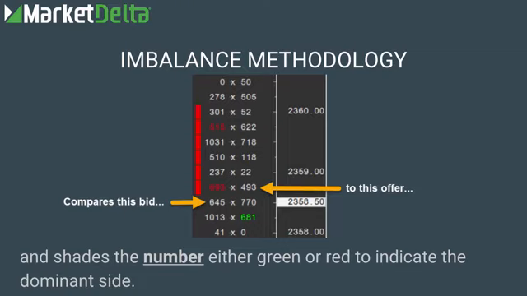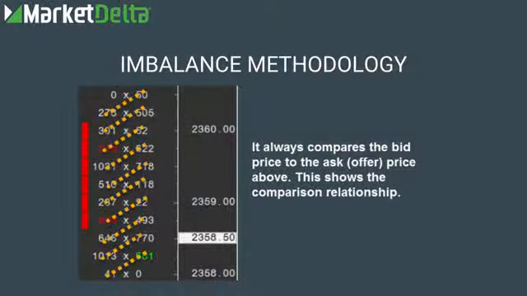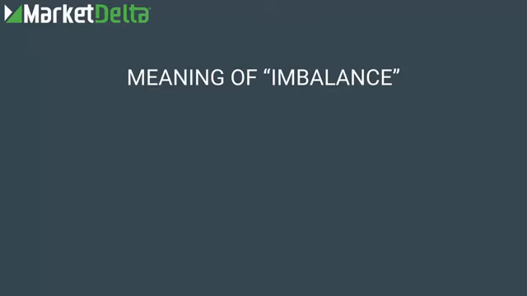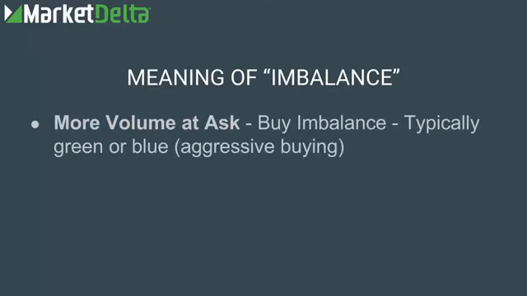Okay, so I just showed you this. Hopefully it's clear how this methodology works. It's not in line, it's not side to side, it's this diagonal comparison. It'll make more sense once you see it in real time. So meaning of imbalance: more volume at the ask, that would be a buy imbalance.